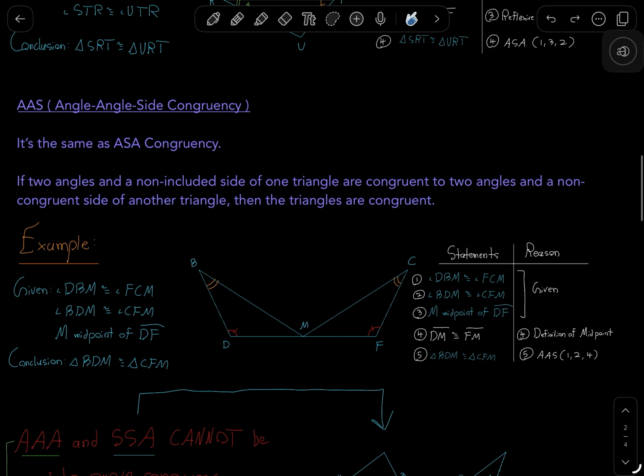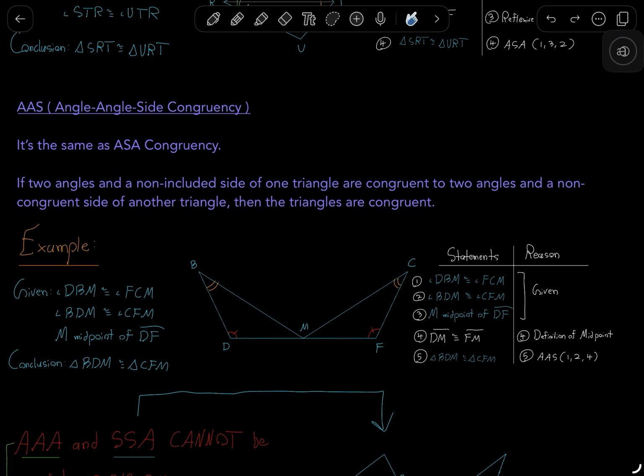We have angle angle side, and yes, you can 100% use this in a proof. But what you'll realize is that angle angle side is actually just the same as angle side angle. And here's why. Let's look at this diagram here. I've marked the congruent angles.